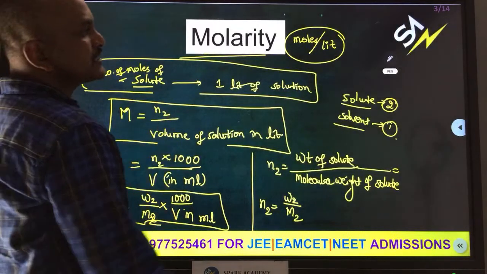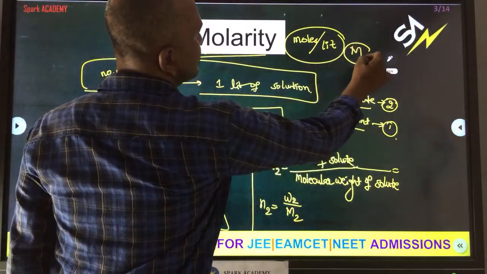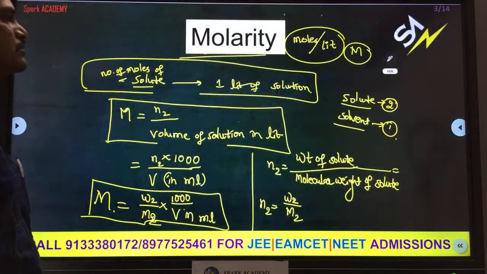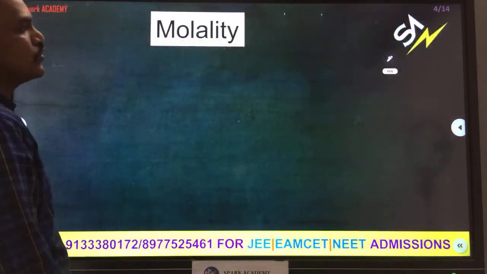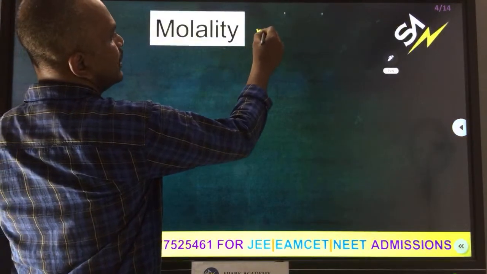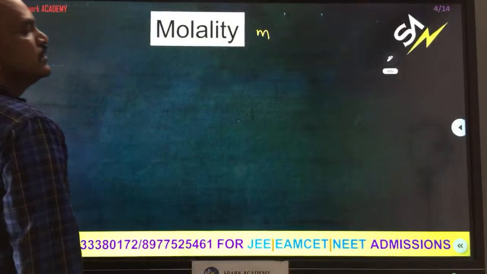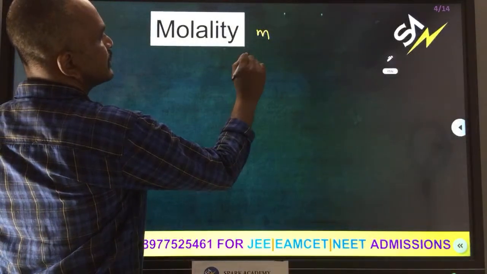The units are denoted with capital M. Now molality can be denoted with small m. Understood? Next, what will its units be?